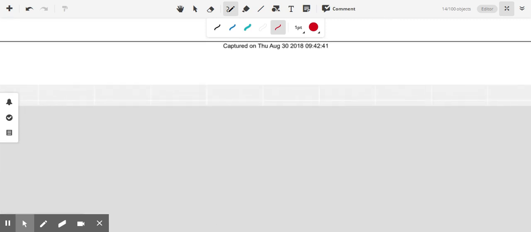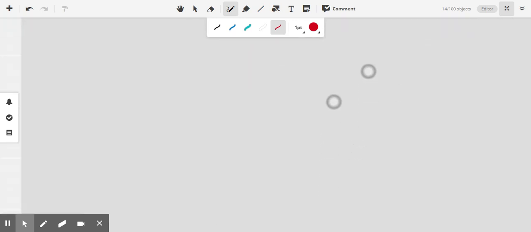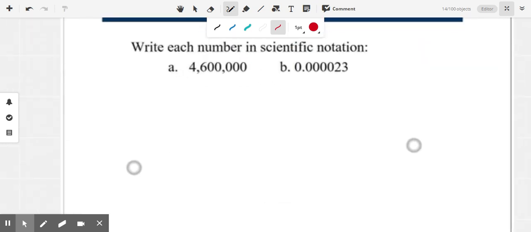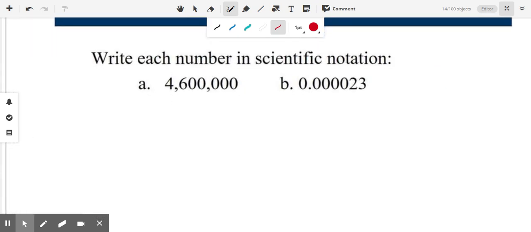Now, what if we want to go the other direction? I want to write each number in scientific notation. Here's what I've got to remember. I've got to take the decimal, which if there is no decimal, we know it's right there to the right. That decimal has to move to where there is 1 non-zero number to the left.